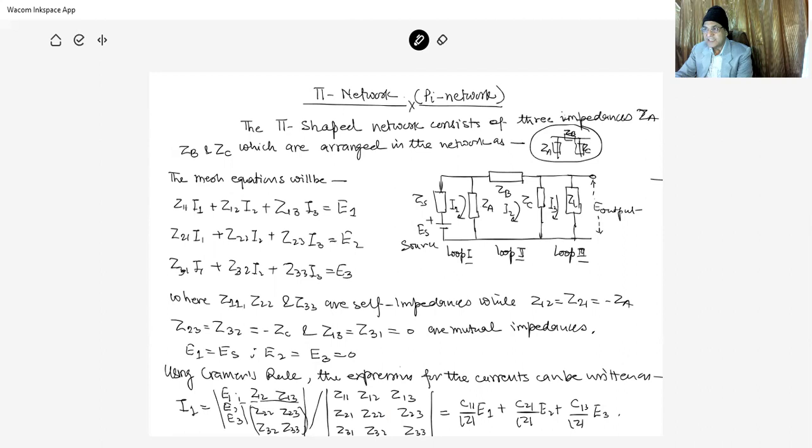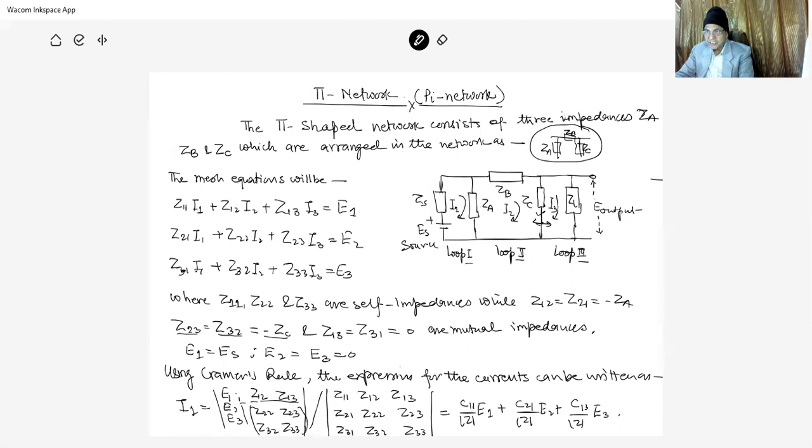This minus ZA is the impedance which is common between loop 1 and loop 2. Similarly, Z23 is equal to Z32, that is minus ZC, which is common between loop 2 and loop 3. And there is no common impedance in loop 1 and loop 3.